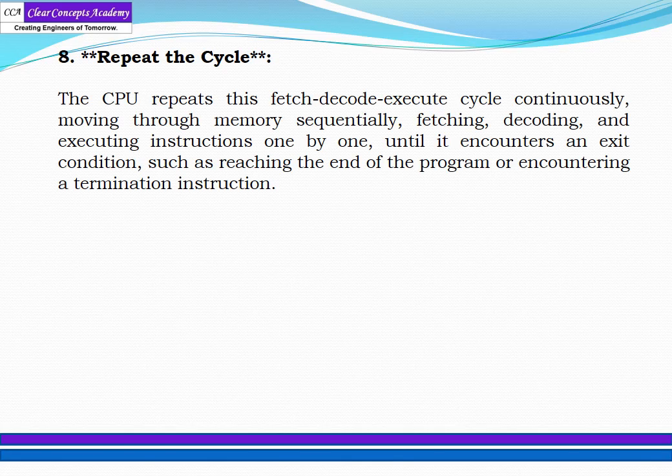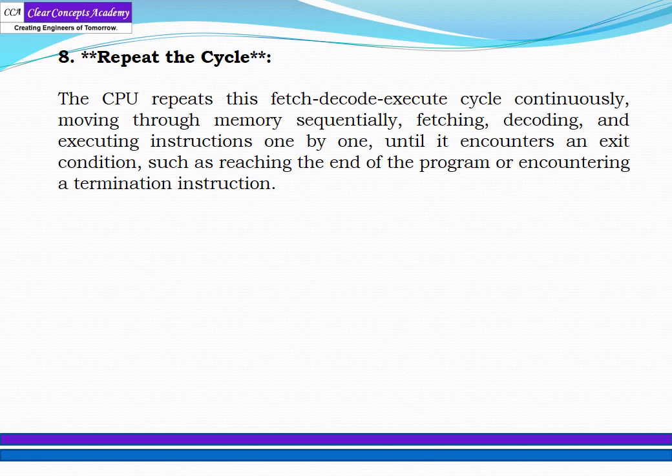Repeat the cycle. The CPU repeats this fetch, decode, execute cycle continuously, moving through the memory sequentially, fetching, decoding and executing instructions one by one until it encounters an exit condition, such as reaching the end of the program or encountering a termination instruction.